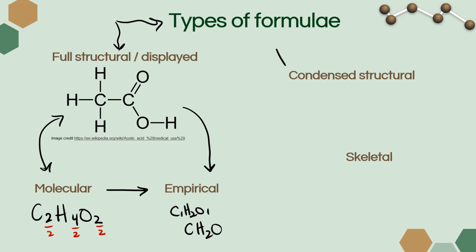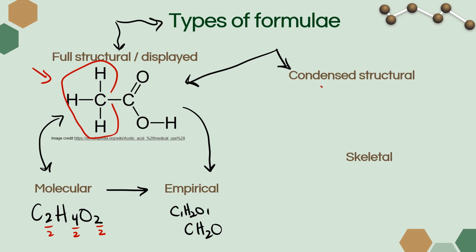We also have the condensed structural formula, which I like second best to my full structural formula, because it shows me kind of like the shape, the arrangement of the atoms in the molecule. So if I look at my ethanoic acid full structural formula here, the first chunk is a C with 3 H's.